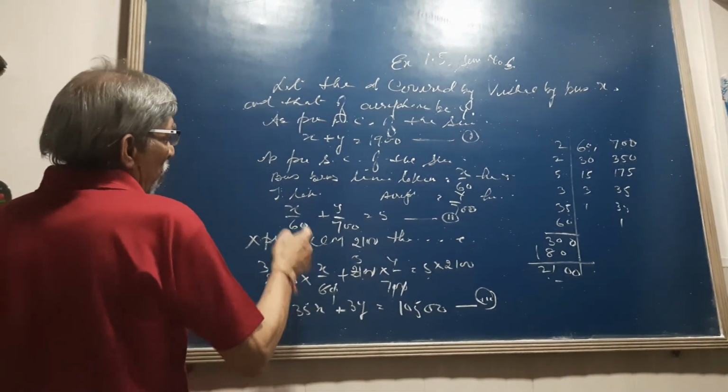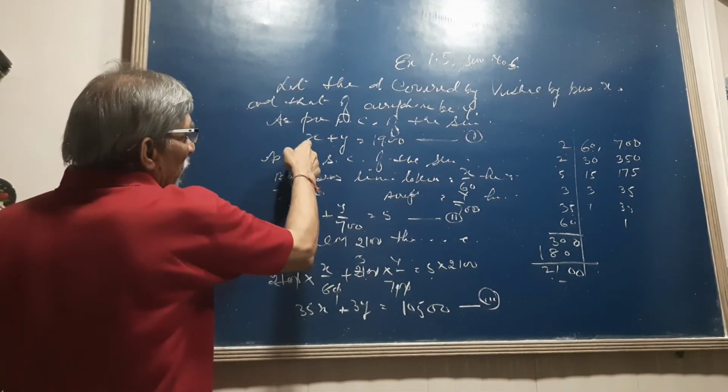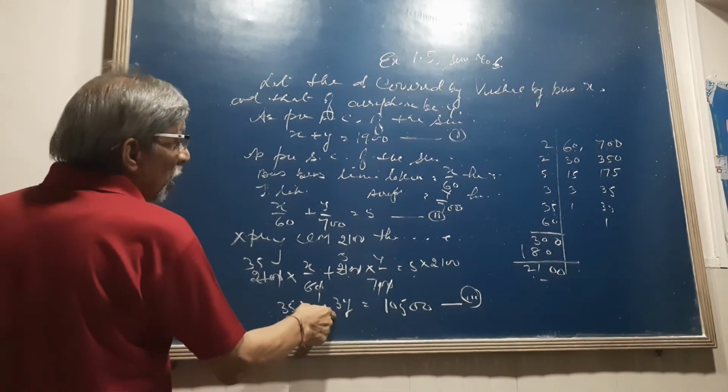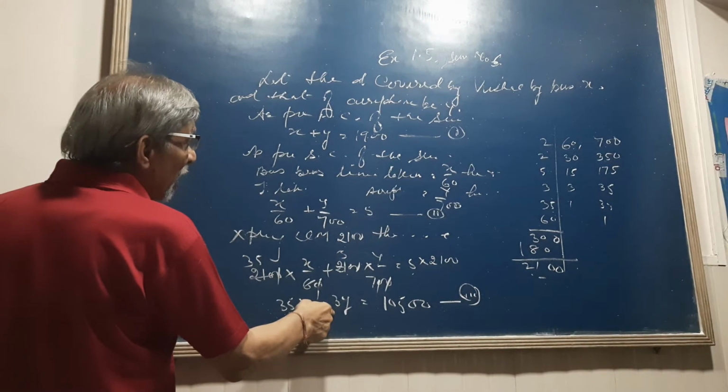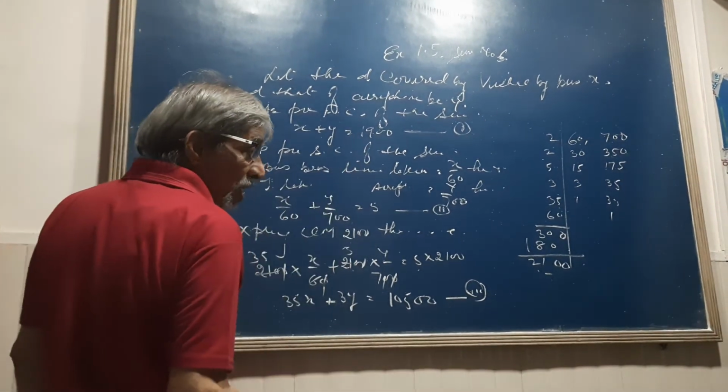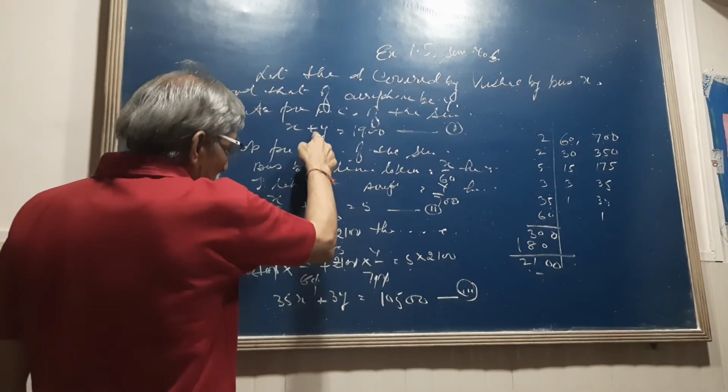Now when you check equations number 1 and 2, no coefficients are the same. So in this we can multiply by 3. When you multiply by 3, this becomes equal.